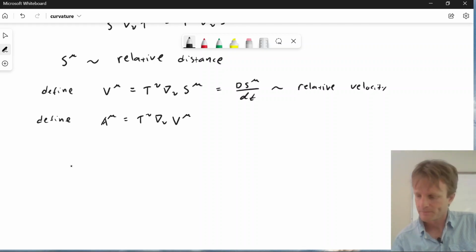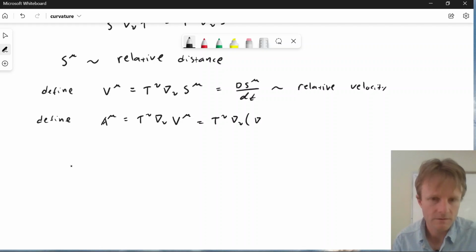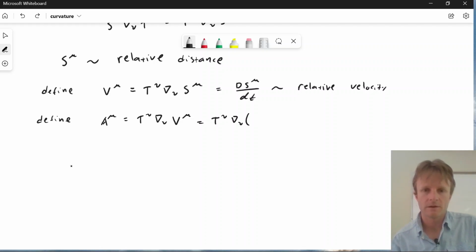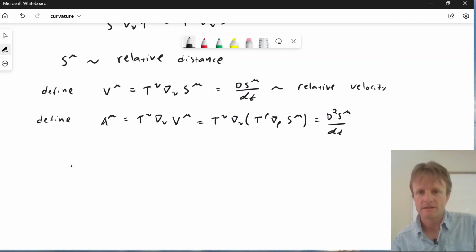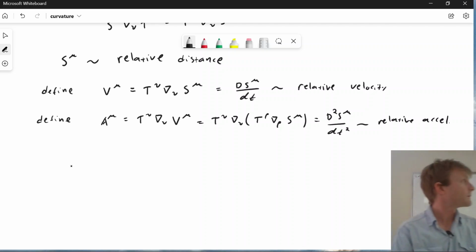Which is, of course, now a second derivative, so T^ν ∇_ν of T^ρ ∇_ρ S^μ, which you could write as capital D² S^μ dt squared, and we would call this relative acceleration. And that's what we want to get an equation for.